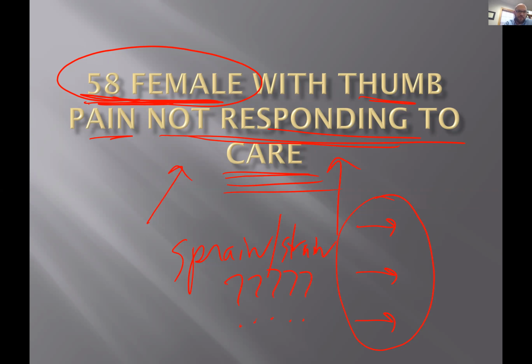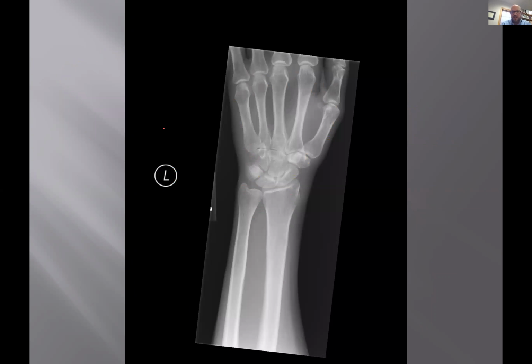Number one, you've lost it. You're not any good anymore because you can't get a sprain strain better. I mean, if we can't get sprain strains better, what are we doing, right? Or number two, it's not that. There's something else.